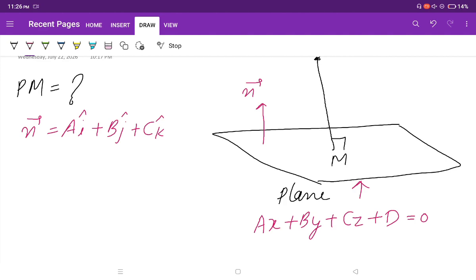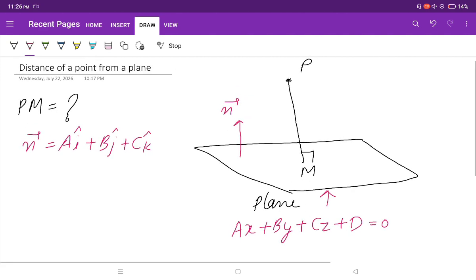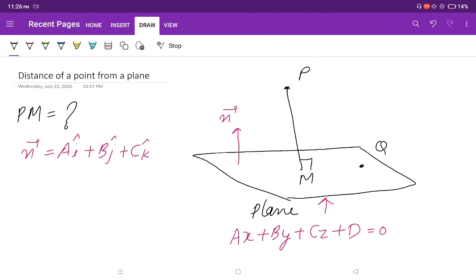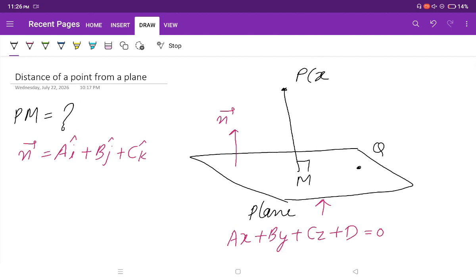Now to calculate PM, let's take a point Q. We have coordinates of P as x1, y1, z1 and coordinates of Q as x0, y0, z0.